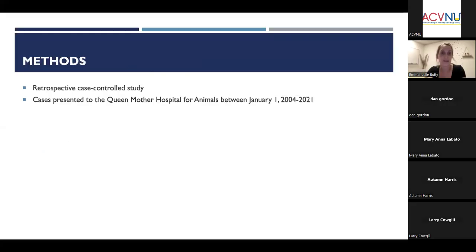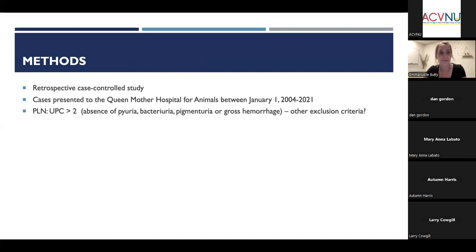So that was their objective. And for that, they did a retrospective case control study, looking at cases that presented to the Queen Mother Hospital for Animals between January 1st of 2004 and 2021.